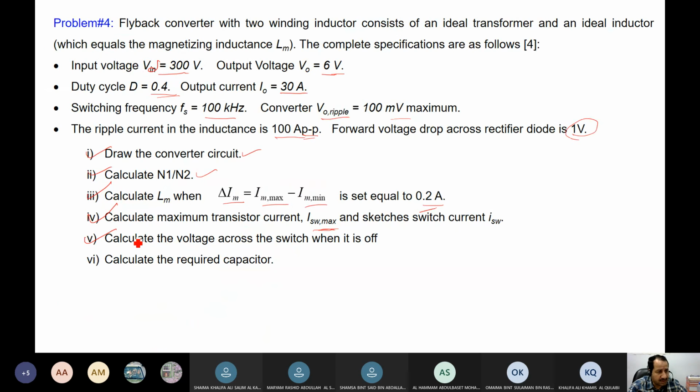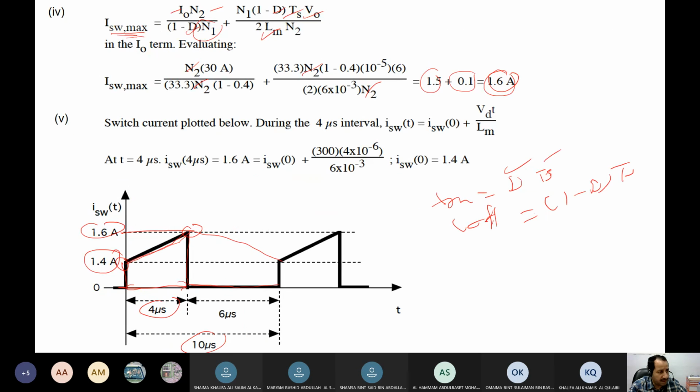Calculate the voltage across the switch when it is off. Okay. Voltage across the switch when it is off. During this time, on time. This is the part related to finding the minimum current. The minimum current will be I switch at 0, the initial, plus VD T over LM.